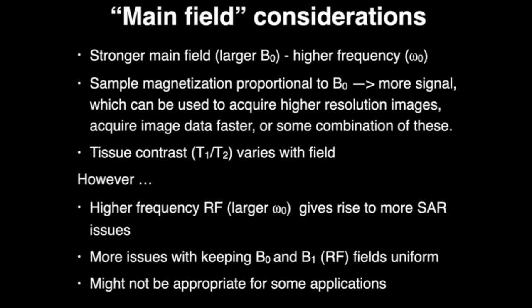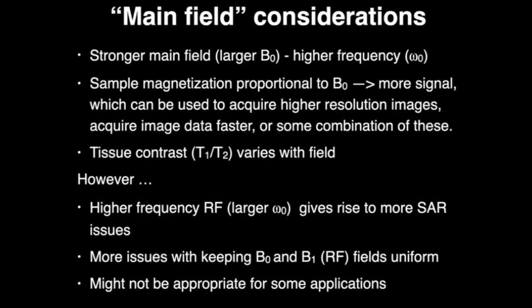However, with higher fields, remember omega 0 is equal to gamma B0. So as your B0 increases, so does your omega 0. That means that you will be using more energy. You will be putting more energy into your sample, into your subject. So especially for subjects with implants, these are some things to keep in mind.